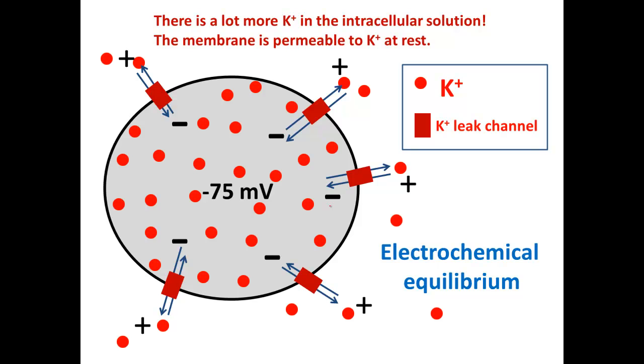Okay, so good so far. Now, I want you to think about what would happen if we opened up some more channels in the membrane. By doing that, we're going to disrupt that electrochemical equilibrium.